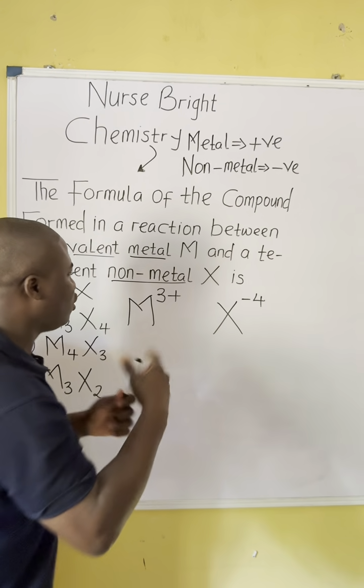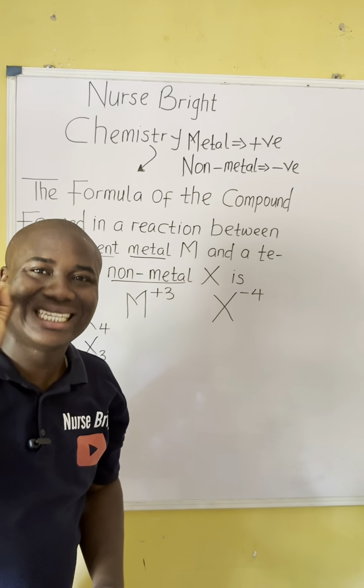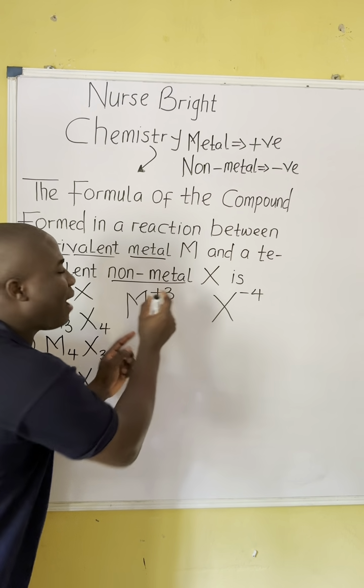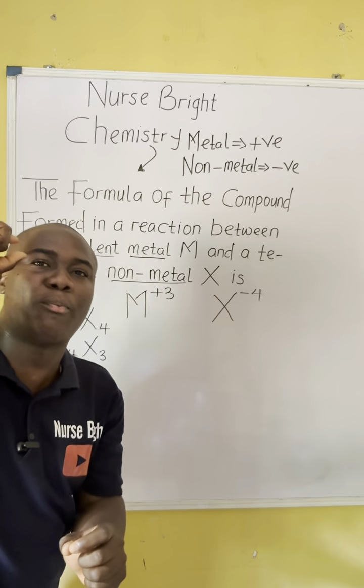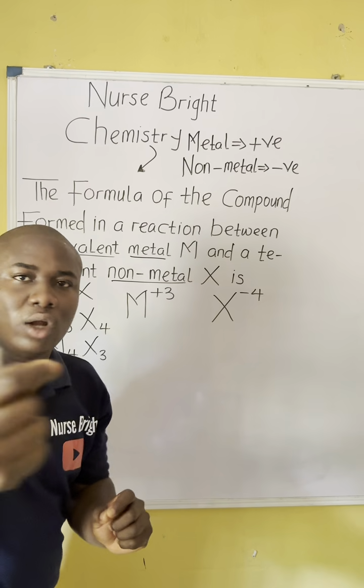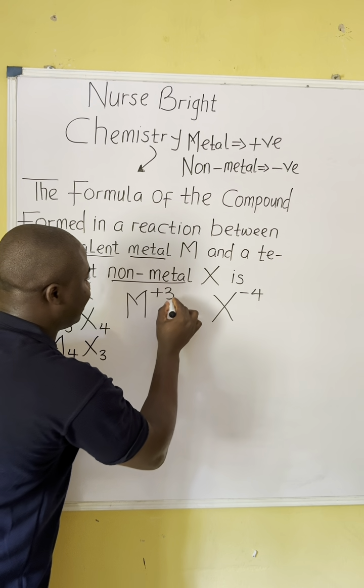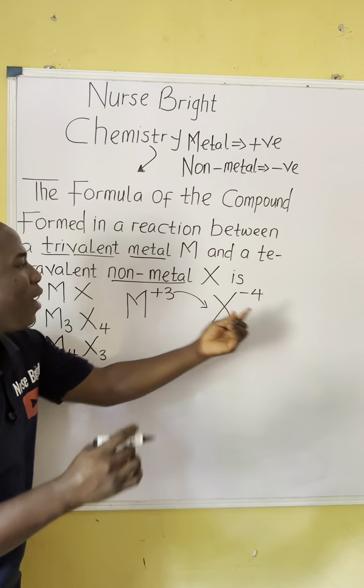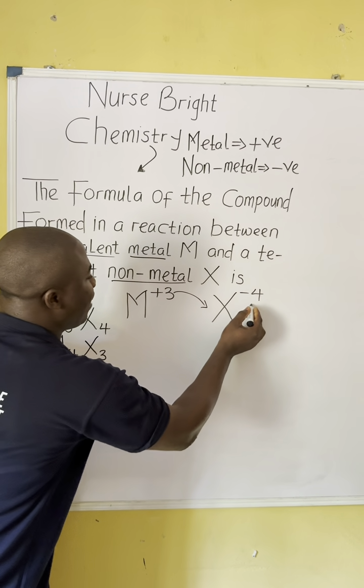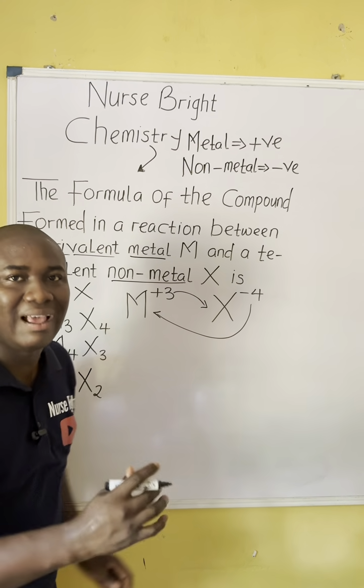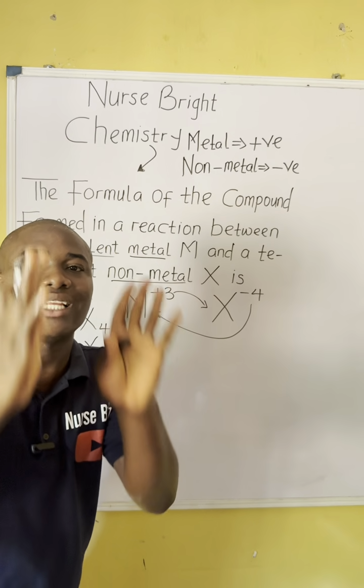So this is what happens. The 3 I'm having here for the metal, the +3 charge, goes to the non-metal. Look at what happened. Whereas the -4 charge basically goes to the metal. So we've exchanged their charges.